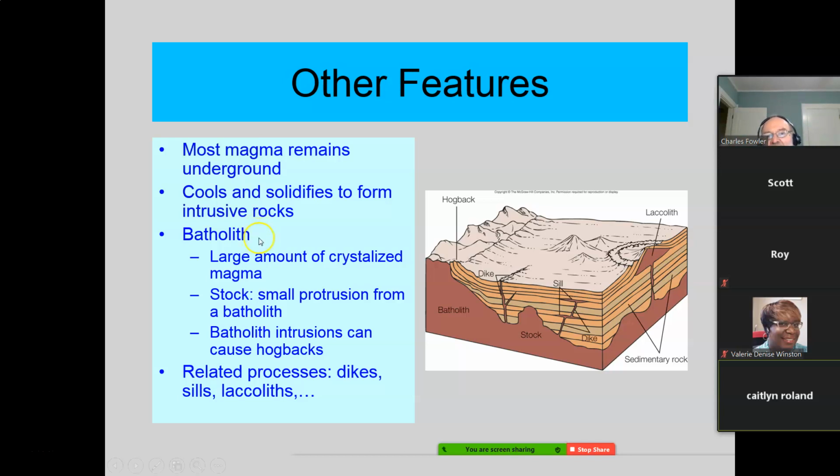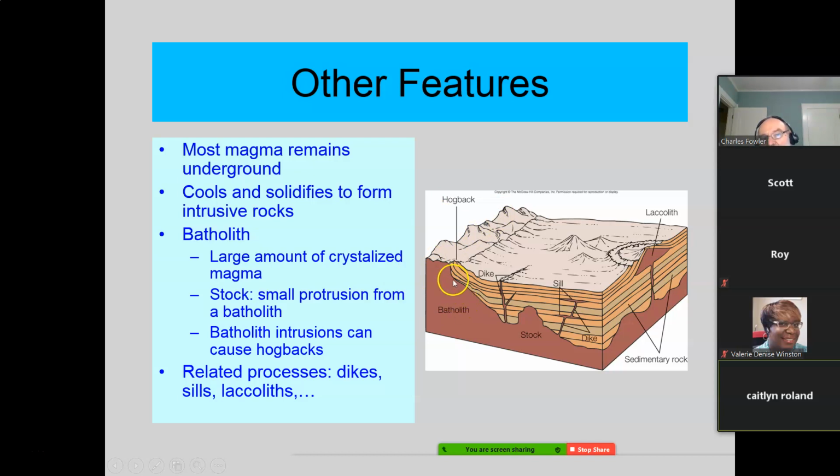rocks. Now some of the forms, landforms or features that form because of this, sometimes a batholith. Okay? And this is what is shown here. Now remember that illustration of the Dome Mountain and then it eroded away and left exposed some granite? This would be the batholith.